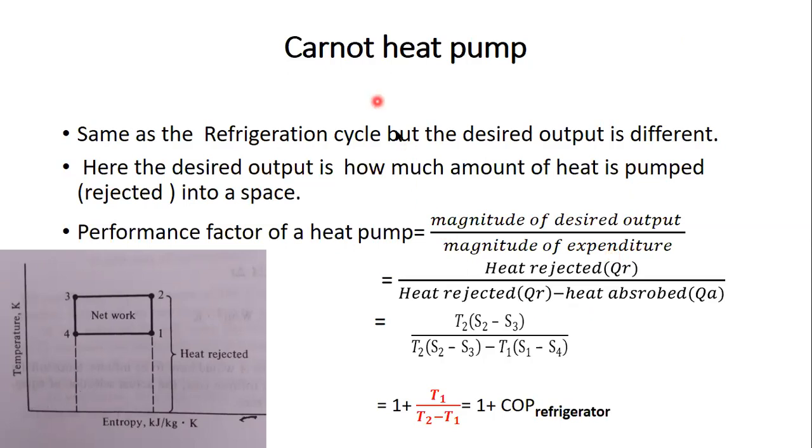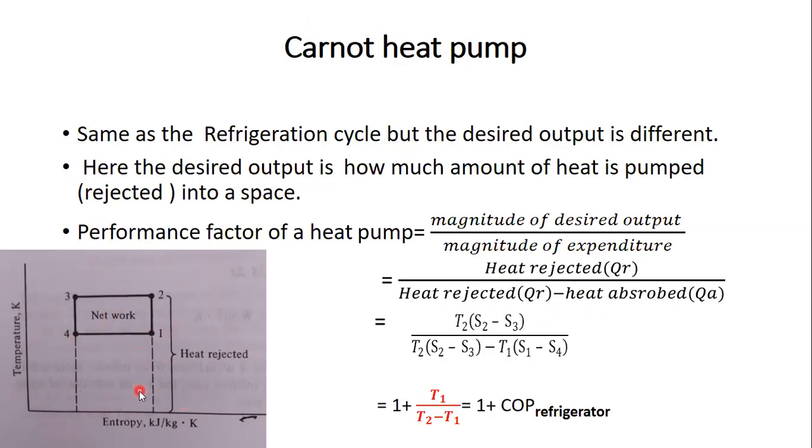We are discussing a Carnot heat pump, in which all the processes are reversible. So the net work done, or the amount of expenditure, will be heat rejected minus heat absorbed. Here is the TS diagram, temperature versus entropy, for a Carnot heat pump.